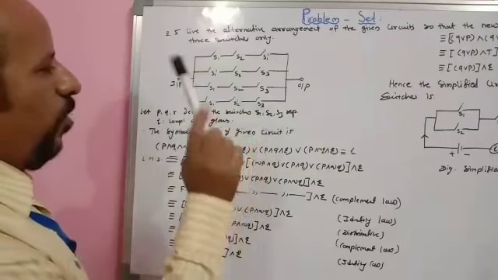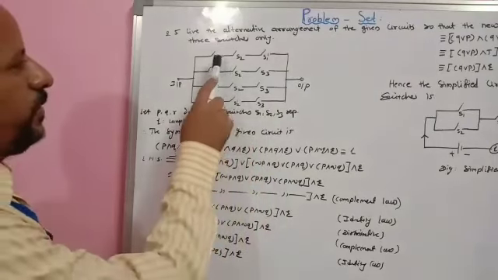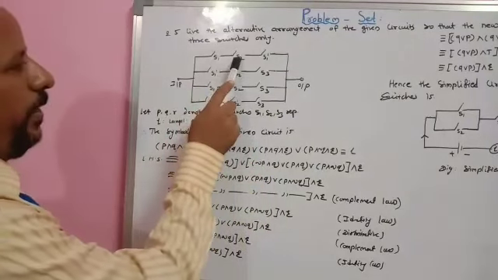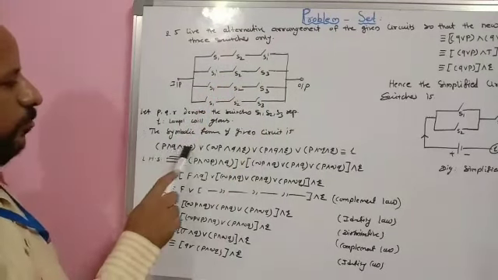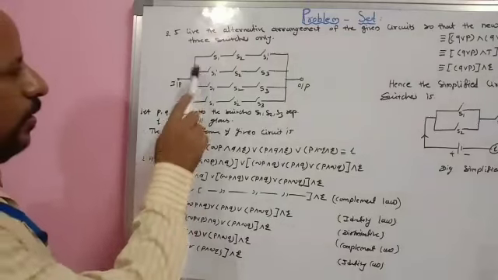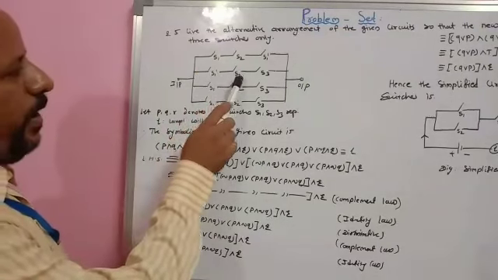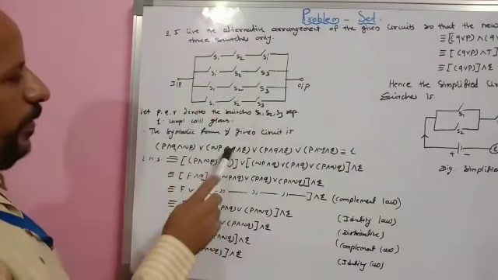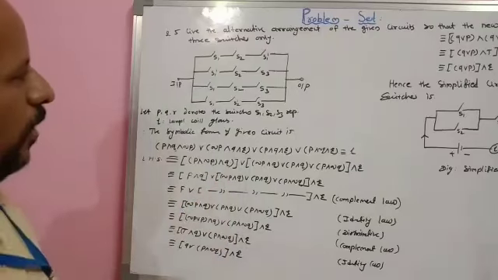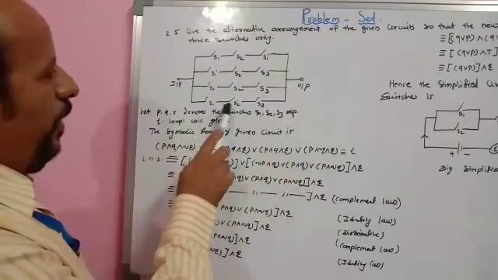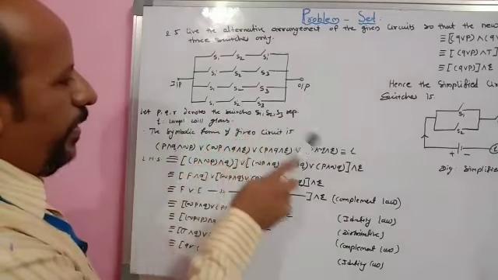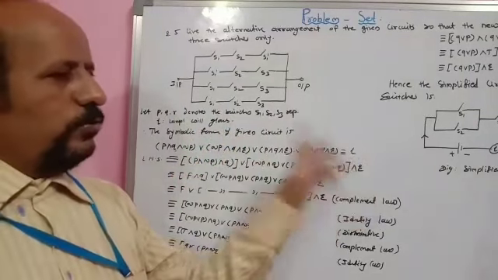The symbolic form of the given circuit is: (P and Q and not P) or (P and Q and not P) or (not P and Q and R) or (not P and Q and R) or (P and Q and R) or (P and not Q and R) is logically equivalent to L.